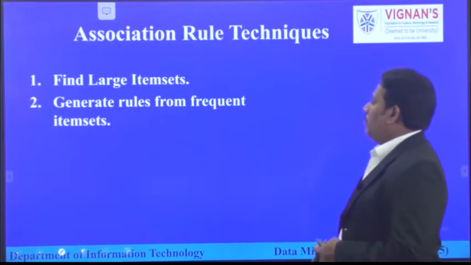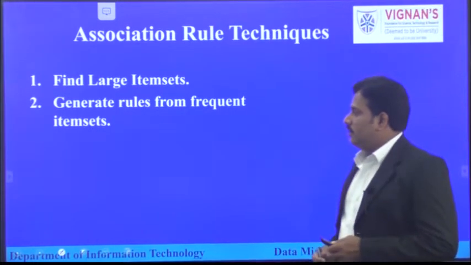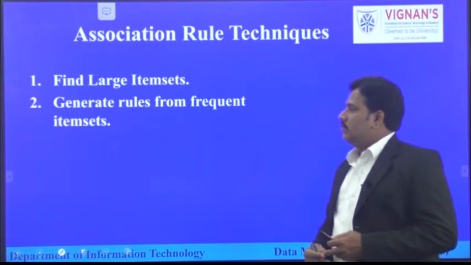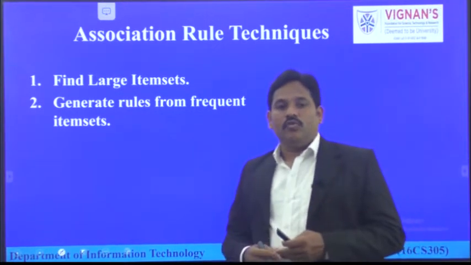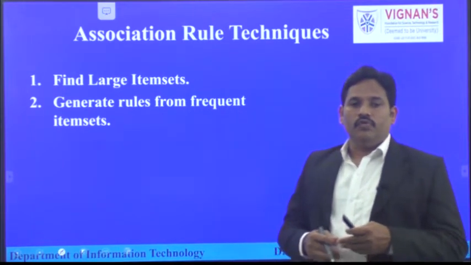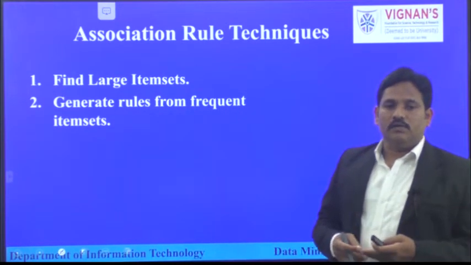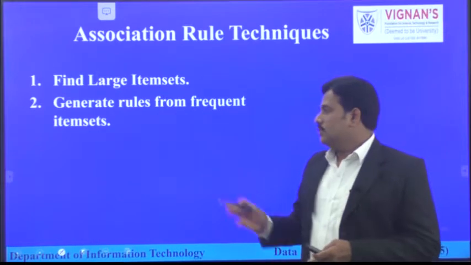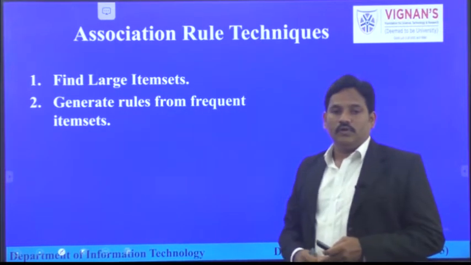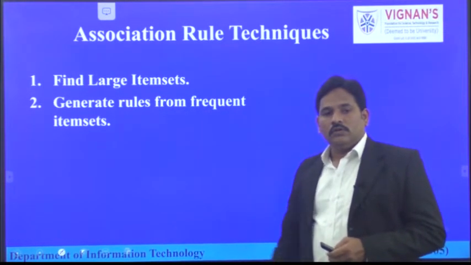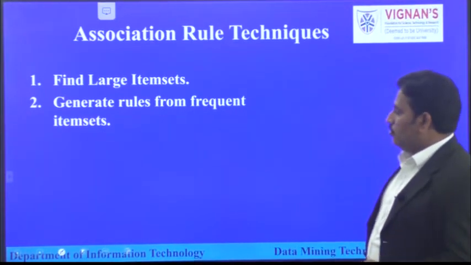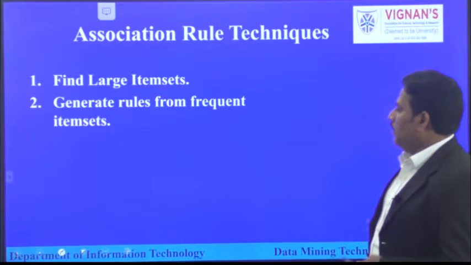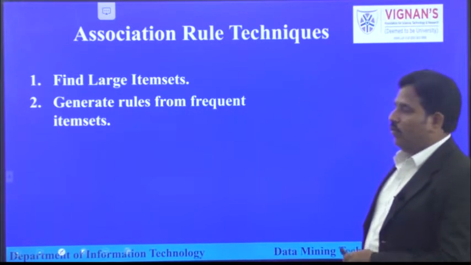Now, when we want to apply the association rule technique, we first find the large item sets, because when we have more items, if we go with smaller item sets, it may not give proper feasible results. So the first approach is to find large item sets. Using those large item sets, we generate rules from frequent item sets.